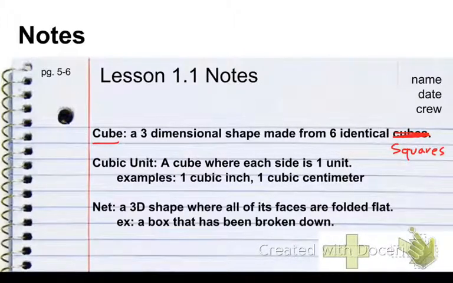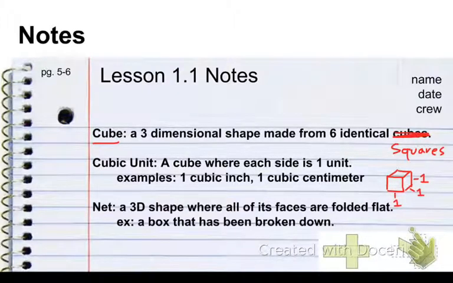It is not 2 inches, not 5 inches, not 3 inches. It is just 1 inch wide, 1 inch tall, 1 inch deep. I might even draw myself a little cubie here to remind myself that each side is 1 inch wide, 1 inch tall, 1 inch deep.